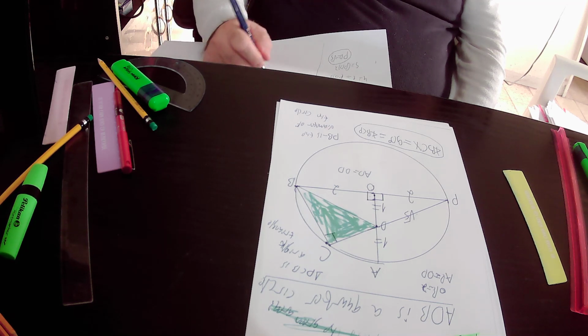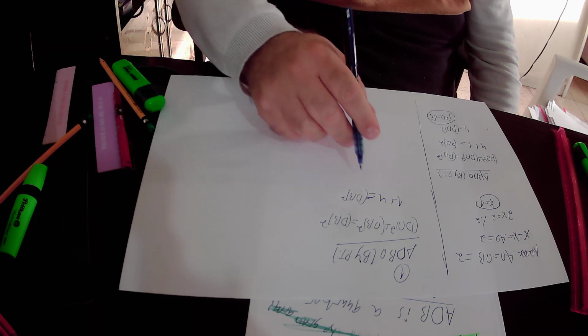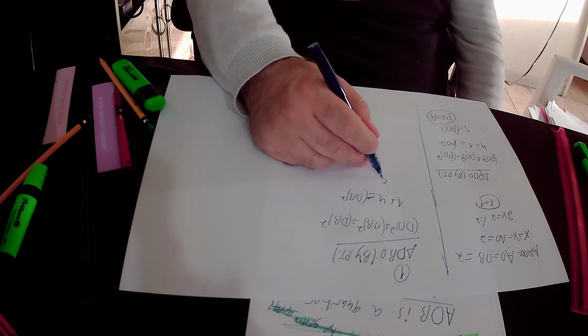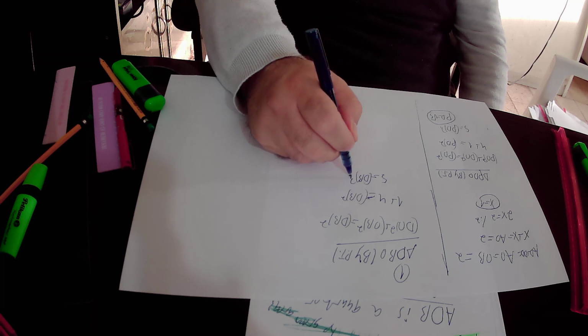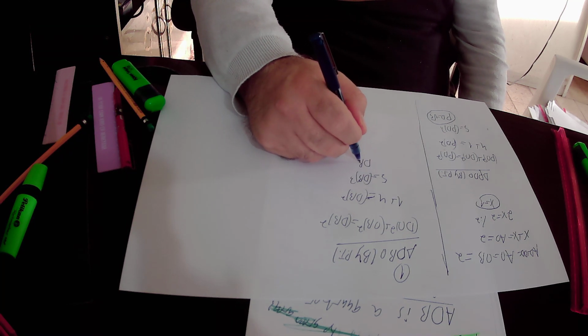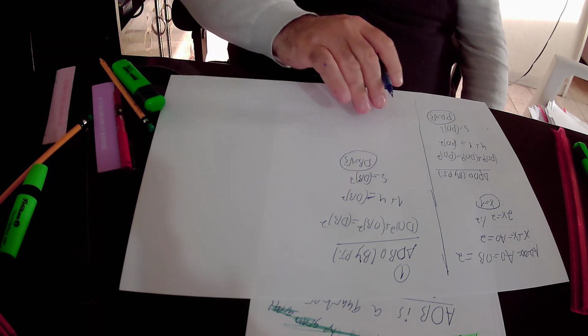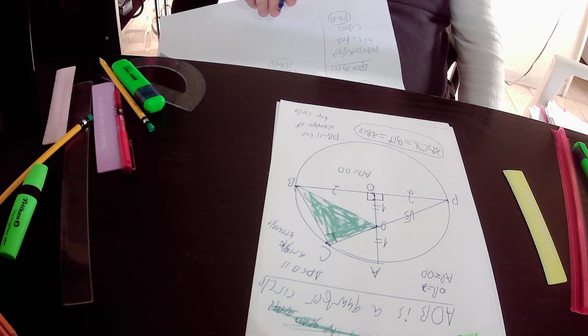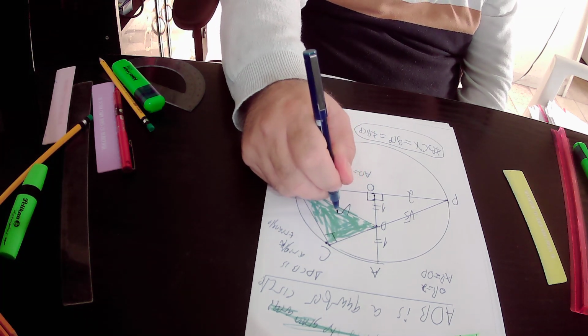So 1 plus 4 is 5, so 5 equals DB square. We take a root out of this equation, and we get that DB equals the square root of 5 units. So I can write here that DB equals the square root of 5 units.